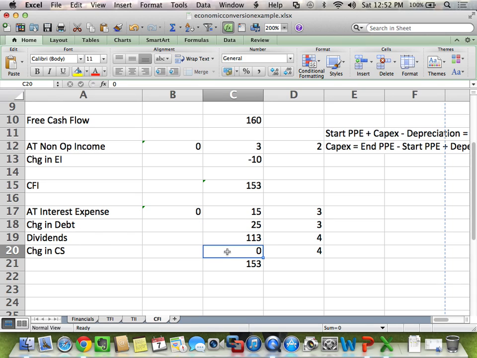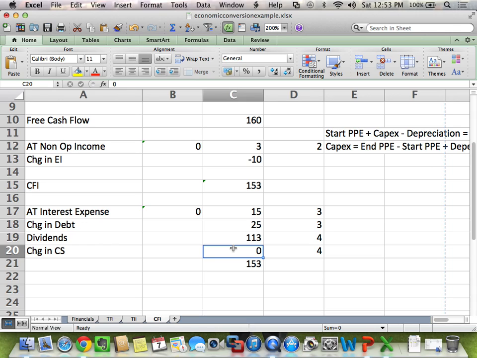I did not issue or retire any stock. If I issued any stock, change in common stock, right? If I issued new stock, would change in common stock be positive or negative? Negative. If I bought back shares, what would that be called?